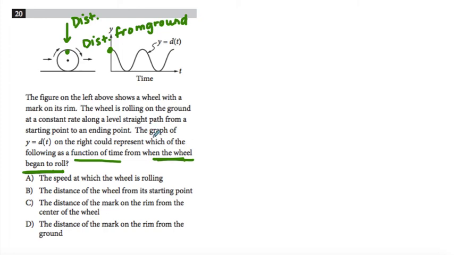All right, so that told me that my y-axis was the distance in feet from the ground. So as this is moving, I'm getting closer to the ground, then I am on the ground, then I'm getting farther away from the ground. So as I unroll this, this is my distance from the ground, which in this case then would be D.